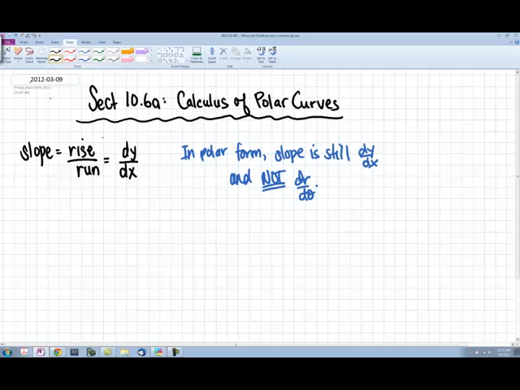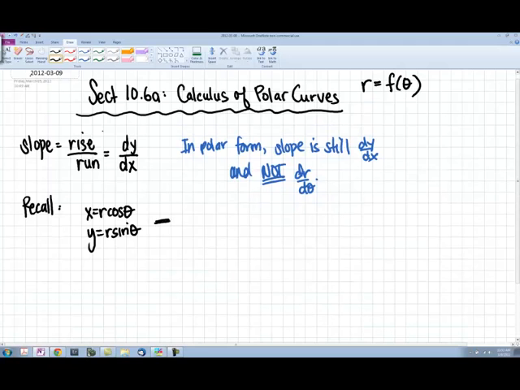Okay, now recall that x equals r cosine theta and y equals r sine theta, and our equation is going to be basically an r equals something kind of equation. r equals f of theta, a function in terms of theta. So sometimes these are rewritten to look like x equals f of theta cosine theta and y equals f of theta sine theta.